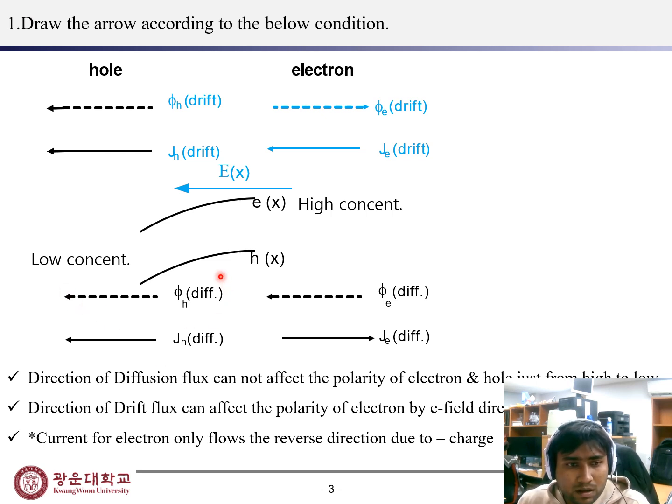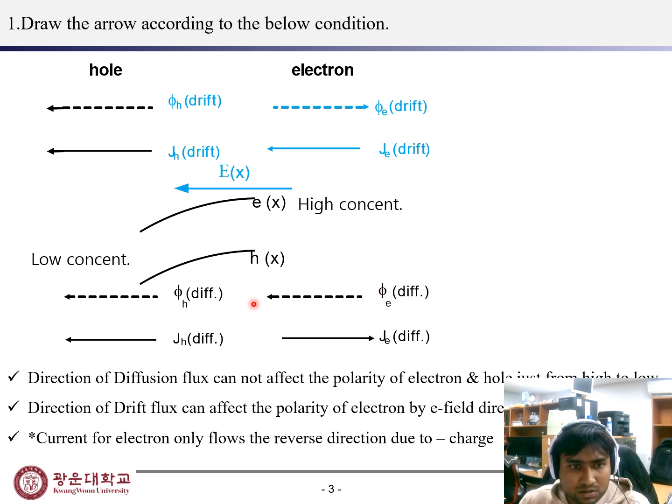Here, hole diffusion means holes move from high concentration to low concentration, that's why its direction is right to left. And electrons also move from high concentration to low concentration. The flux of electron diffusion goes from left to right.